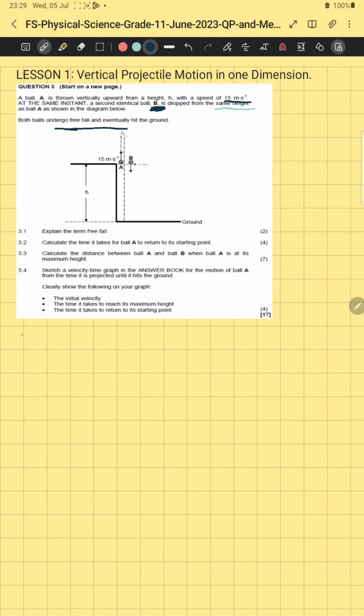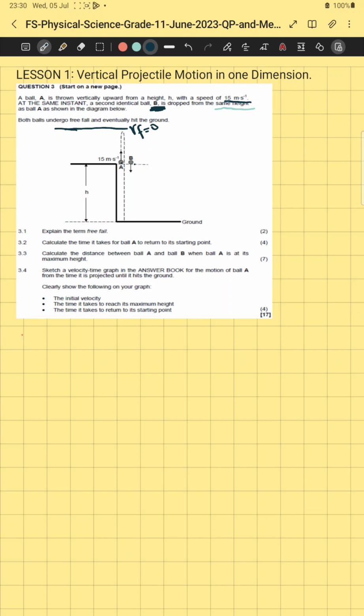But when ball A reaches the maximum height, the final velocity becomes 0, because when the object is going up, gravitational acceleration acts on it and pulls it downwards. So the object goes up, and when it reaches the maximum height, before it turns, its final velocity has to be 0. Then it turns back to the original position where it was thrown.